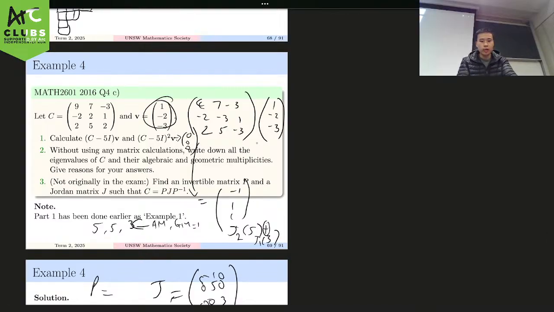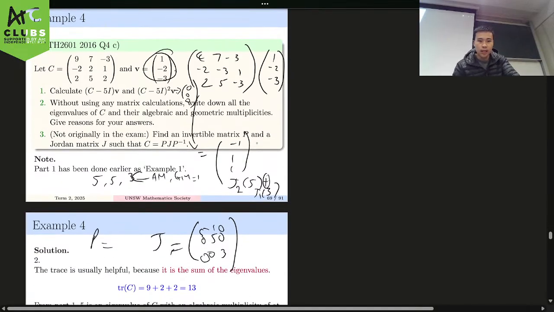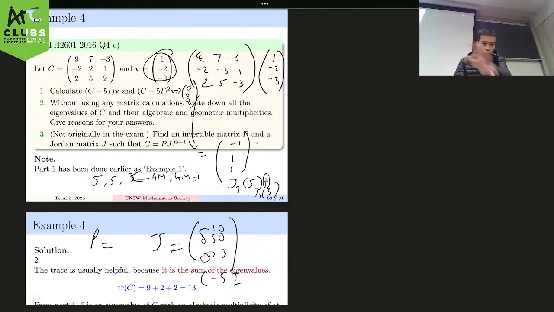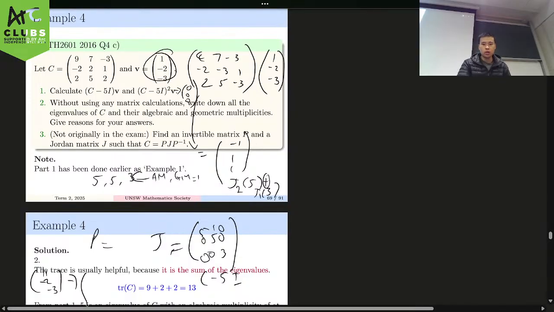We kind of just did that already, because we see that A minus 5I of 1, negative 2, negative 3 is going to go into, as we already saw, negative 1, 1, 1. But then that's going to go to the 0 vector. So hey, we have a Jordan chain of length 2.